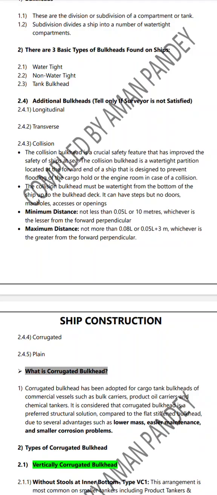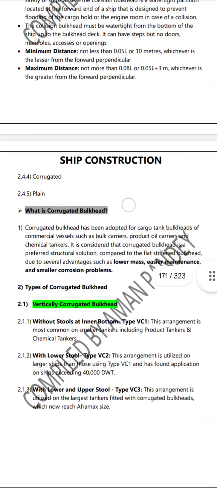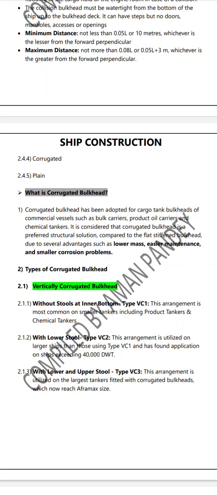Now, a bulkhead can be corrugated, and corrugated bulkheads can be of three types: with stools at the bottom, without stools, or with upper and lower stools. The vessel without any stools is mostly used on small vessels and product tankers.